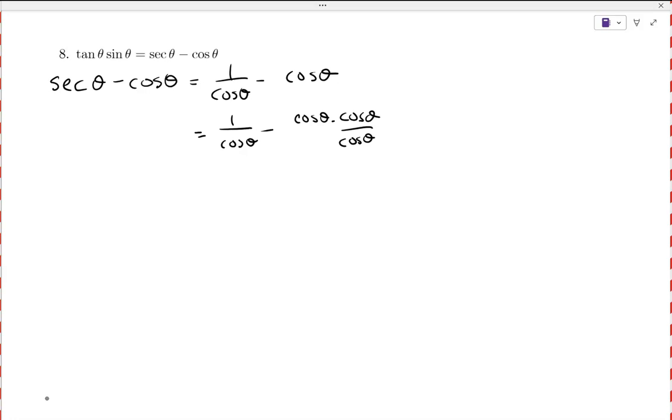So we get 1 minus cosine squared on top over cosine. Do we recognize anything about the top? Good. Yep, exactly right. Sine squared over cosine.